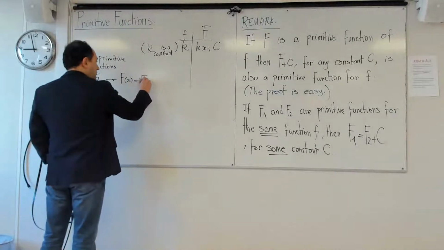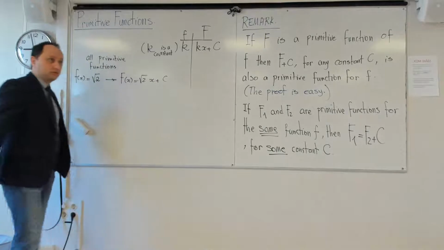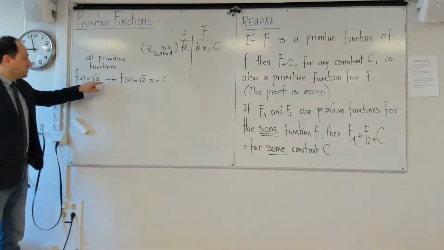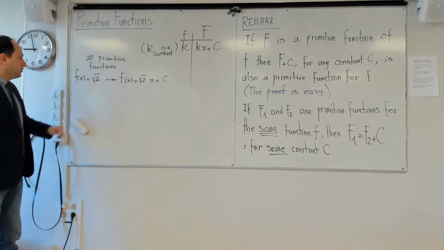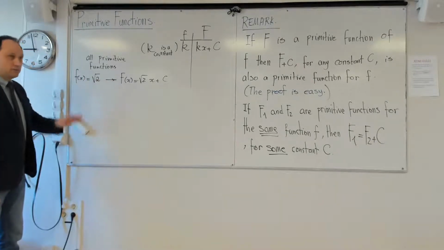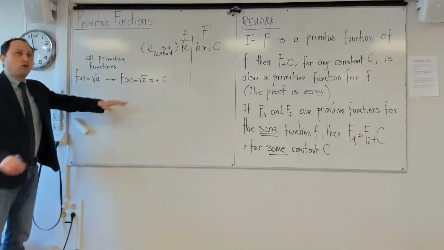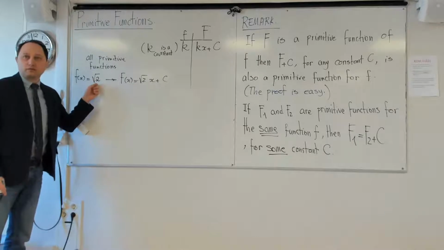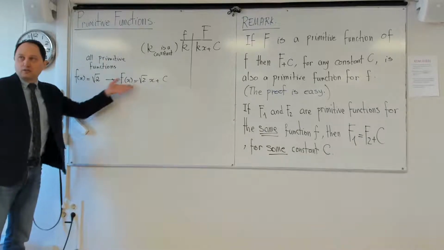Yes, square root of 2 times x plus c. Agree? This is a primitive. If someone asks you what you are doing, you tell that person: I am finding a primitive function. What does it mean? It means that I am finding all functions whose derivative is equal to that. Is that understandable?